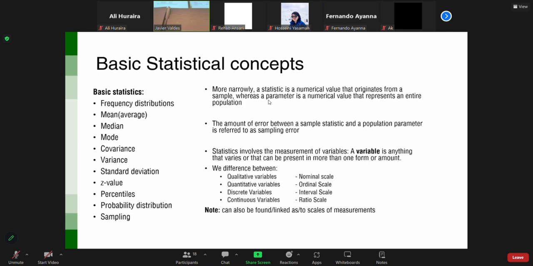If you look at the campaigns that the professional demoscopic agencies are doing, they are more or less taking these numbers between 7,900 and 8,100 for a population of 45 million to 50 million.